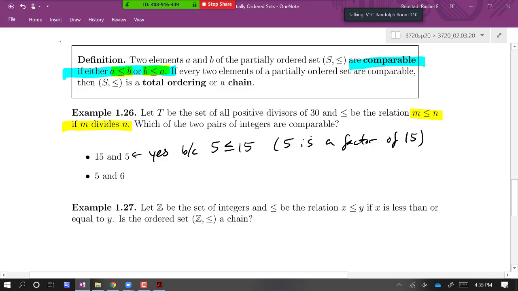5 and 6 are both positive divisors of 30, so they're in the set T here. Are those comparable? No, 5 doesn't divide 6, and 6 doesn't divide 5.